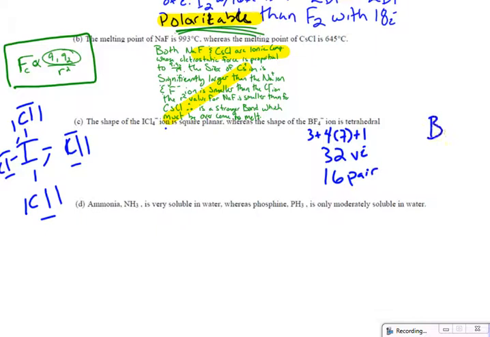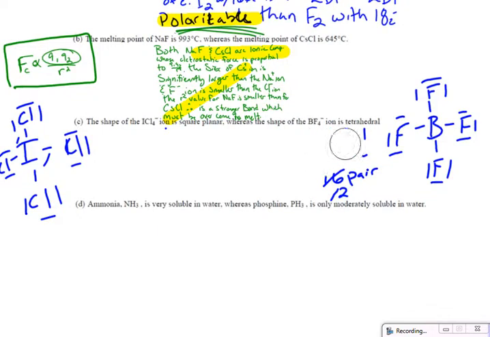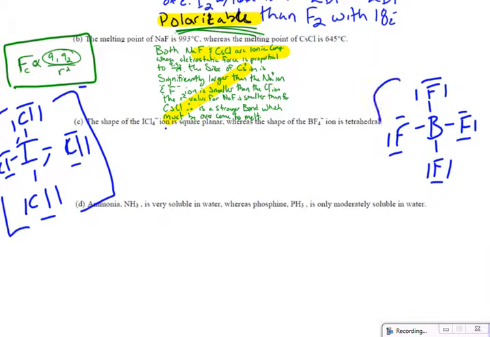So boron in the center, least electronegative in the center, fluorines around it in no particular order. Let's see, I've used up 4. I'm down to 12. 1, 2, 3, 4, 5, 6, 7, 8, 9, 10, 11, 12. All right. My Lewis structures are good with the exception that they are both ions. So let's put those in brackets because they have a charge. That's negative. That's negative.